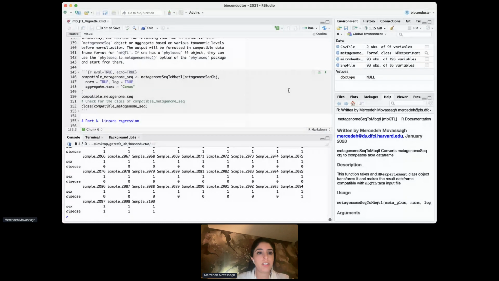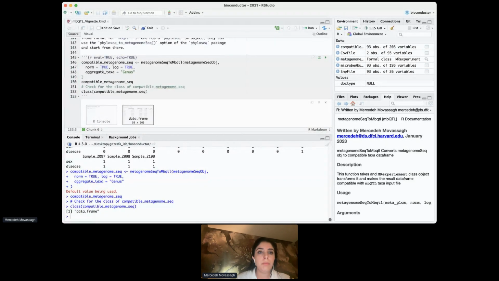So here's what I was talking about. If you want to make a metagenome-seq object compatible with this package, we've built a function in there. It's called metagenome-seq to mbQTL, and this does log normal distribution.